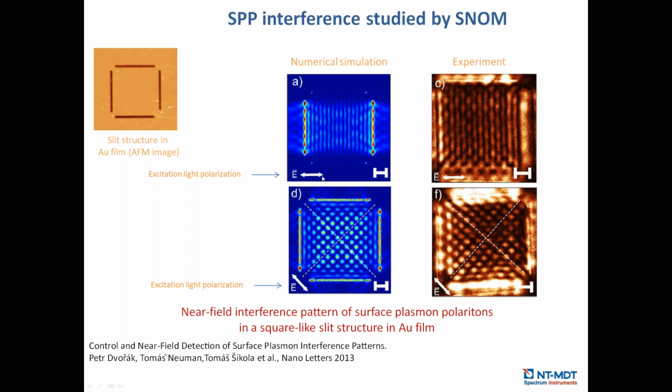And when the electric field is aligned in the x direction, there is interference only in that direction. And when there is a 45-degree incident excitation electric field, there also appears interference in this direction. So again, the experimental data here are in good correlation with numerical simulation.